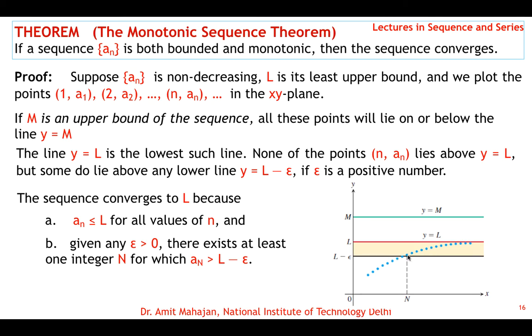And because the sequence is monotonic non-decreasing, after this point all the values must lie above L minus epsilon. That is how we are going to prove it.